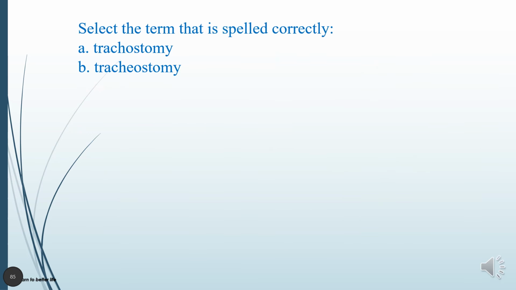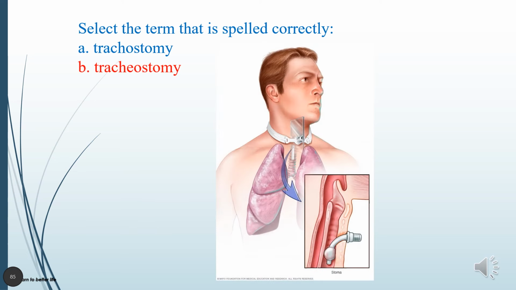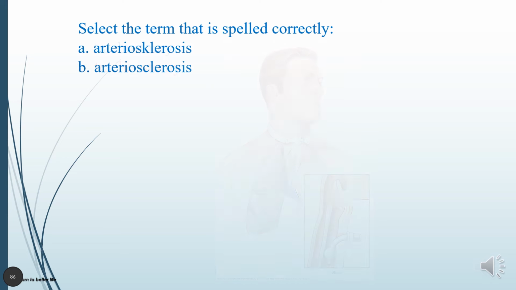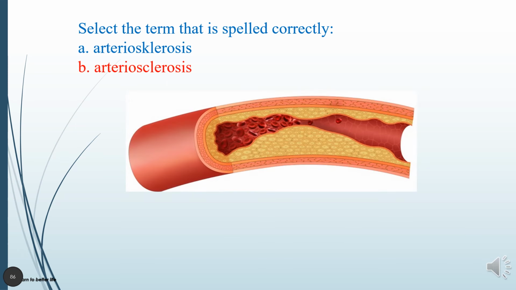Select the term that is spelled correctly. A. Tracheostomy. B. Tracheostomy. The answer is B. Tracheostomy. Select the term that is spelled correctly. A. Arteriosclerosis. B. Arteriosclerosis. The answer is B. Arteriosclerosis.